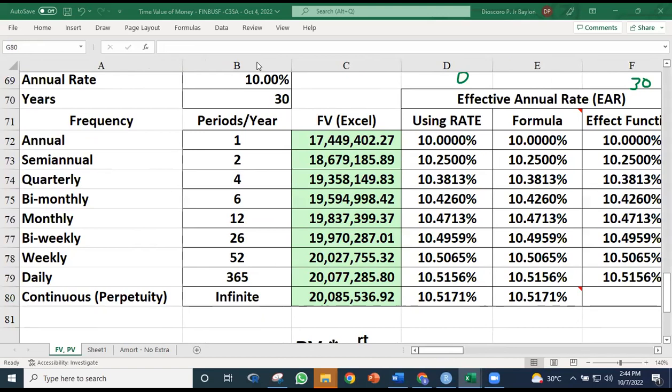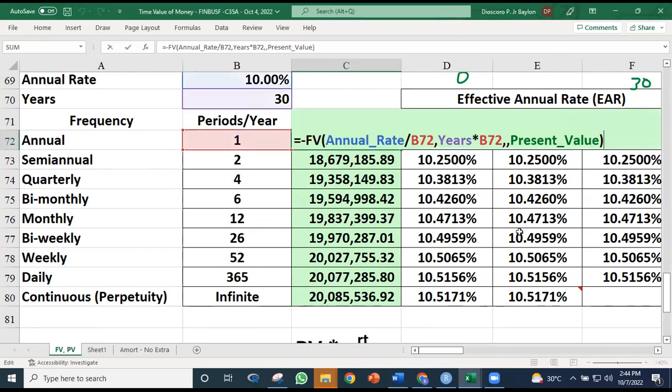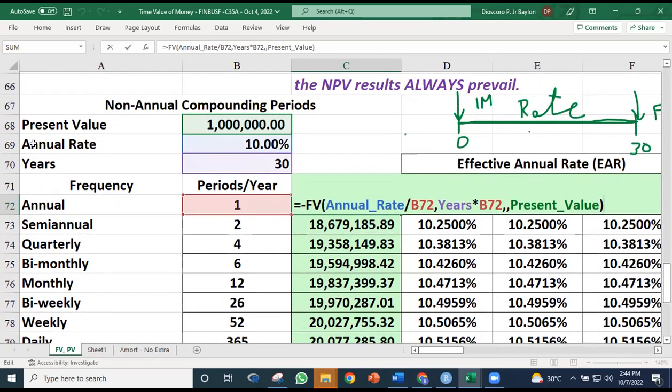Yeah, sir, can I see the formula for future value? Okay, sige. Future value is, we use FV there, and we gave these values names first. Present value, annual rate. So for your future value, you first ask for the rate, and the rate will be your nominal rate, but you have to divide it by the periods per year.